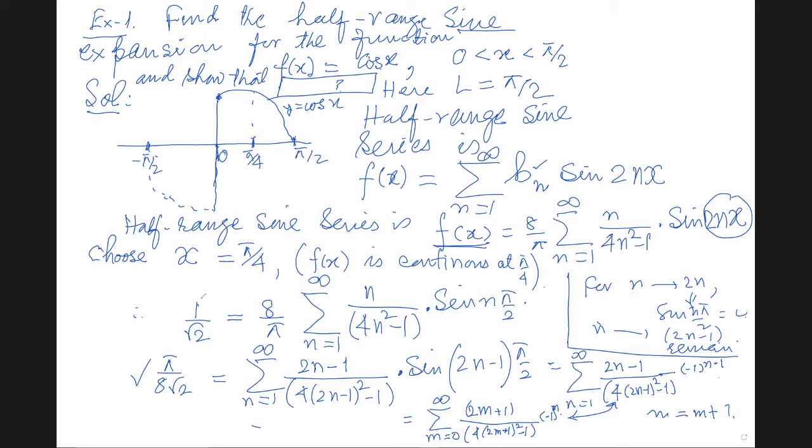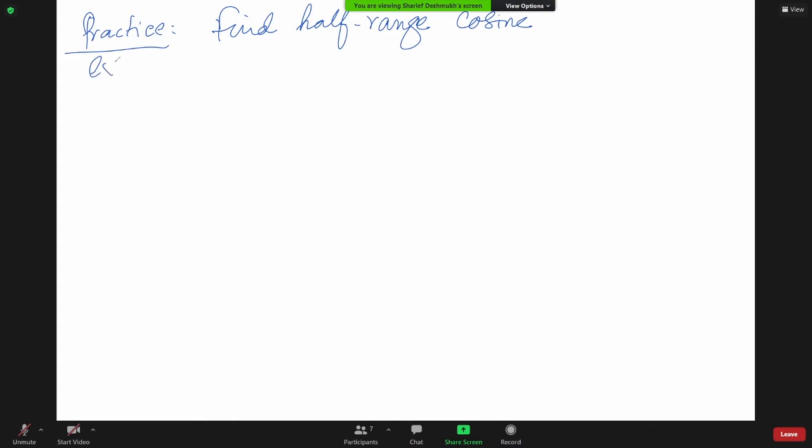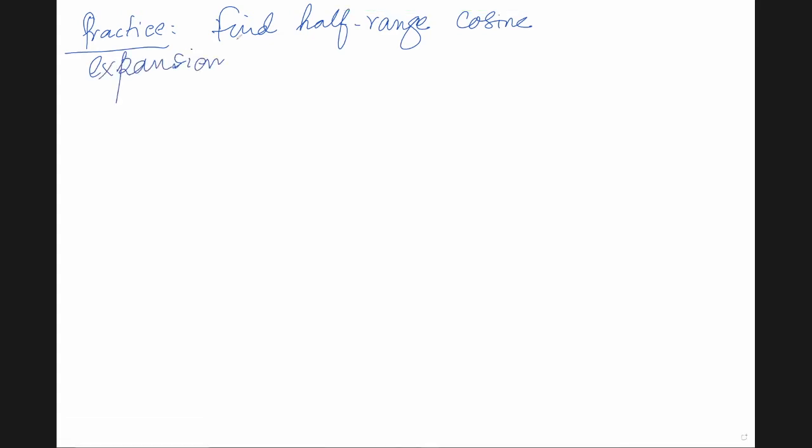I'm removing this and I'm giving you a practice exercise. Please do it. Find the half range cosine expansion, also called cosine series, for the function.